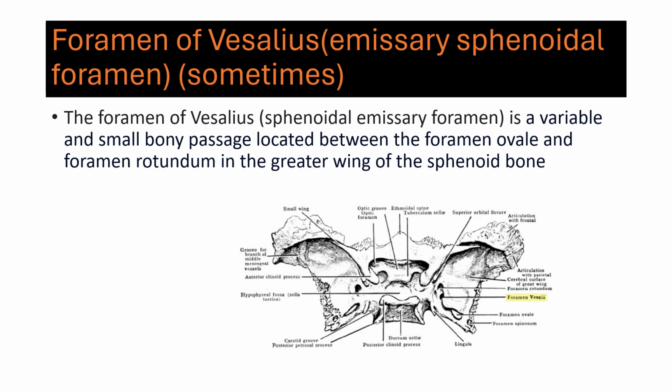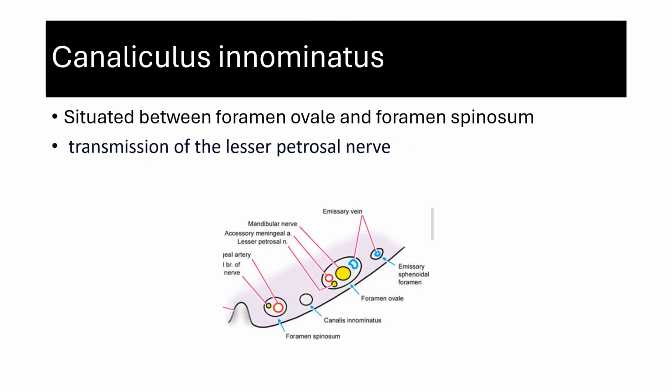We can see both the foramen rotundum and the foramen ovale in the given diagram on the right-hand side. Canaliculus innominatus: it is situated in between the foramen ovale and the foramen spinosum, and it allows the transmission of the lesser petrosal nerve.